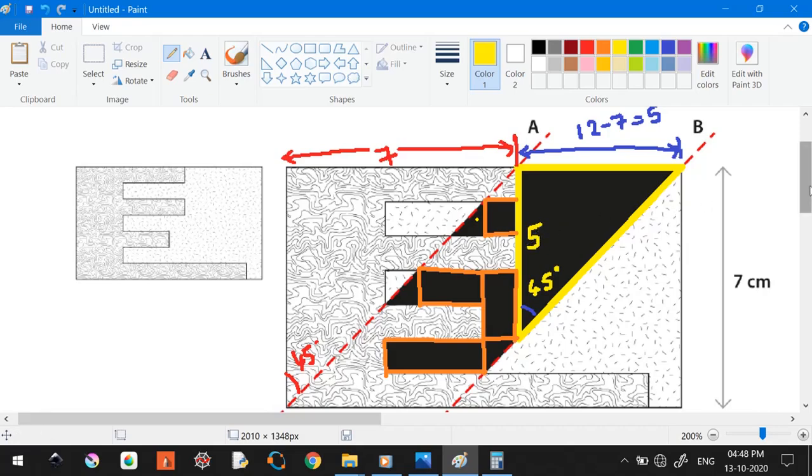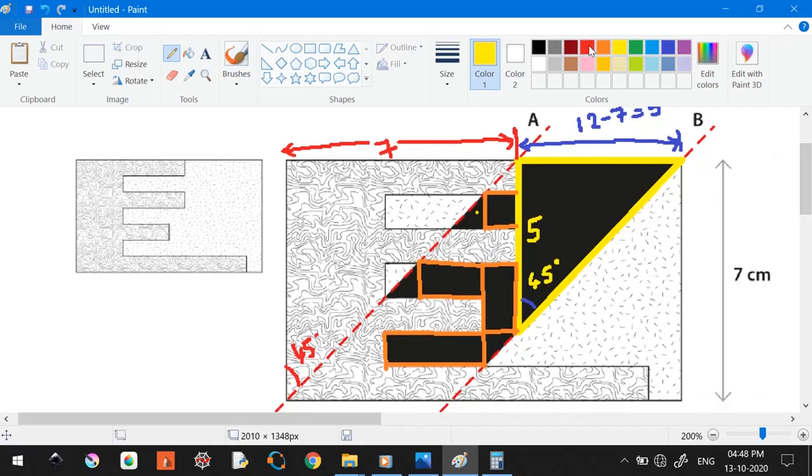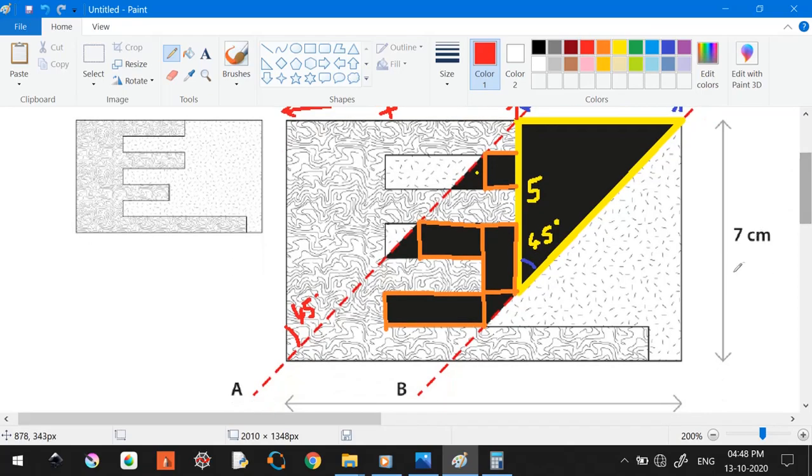Or if you are not confident with that, let me do one thing. Since this is 7 centimeters, if you see this cut, this portion, second portion, third portion, fourth portion, fifth portion, sixth portion, seventh portion, you got this, right? These slabs or extensions are similar in height.